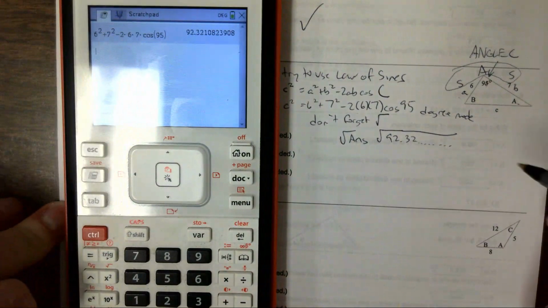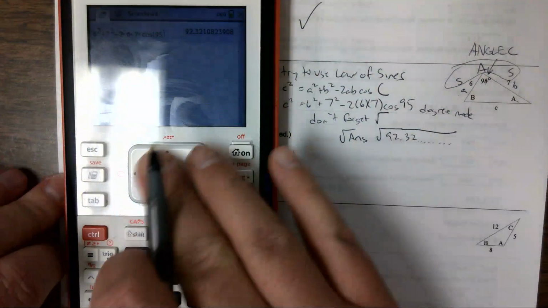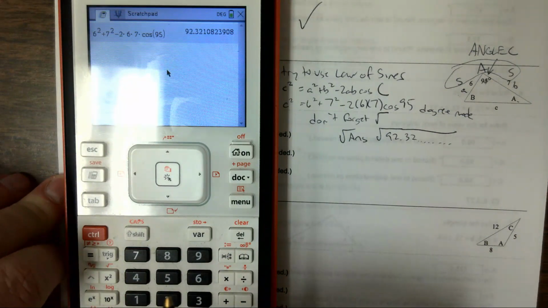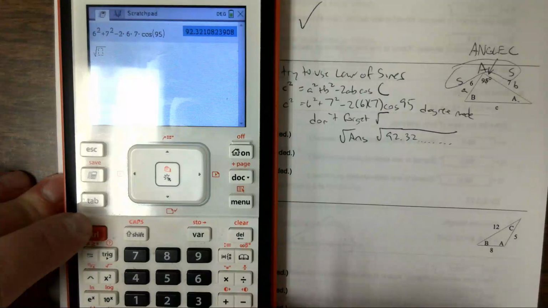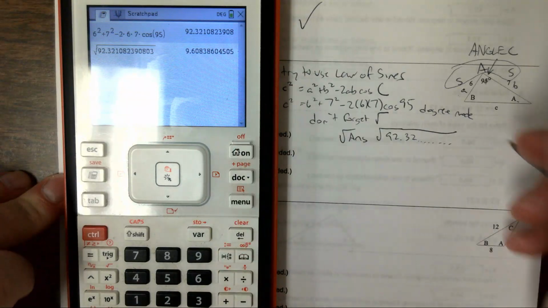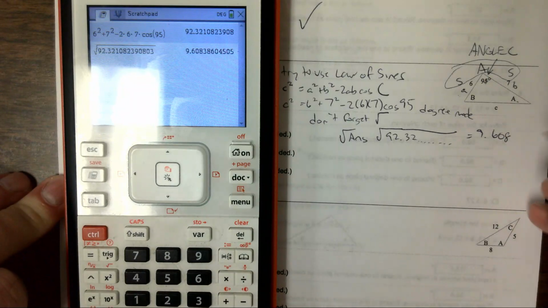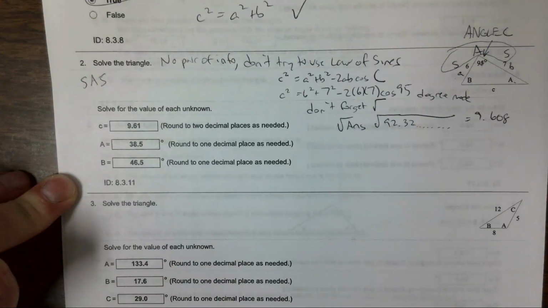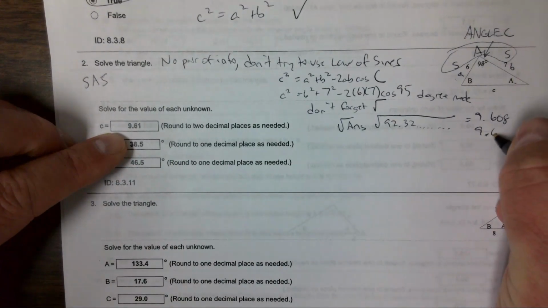Now, what you will see in a little bit is if you round early, it won't work. Okay? So let's do square root of that, and we get 9.608. Now, we're rounding up to 9.61.